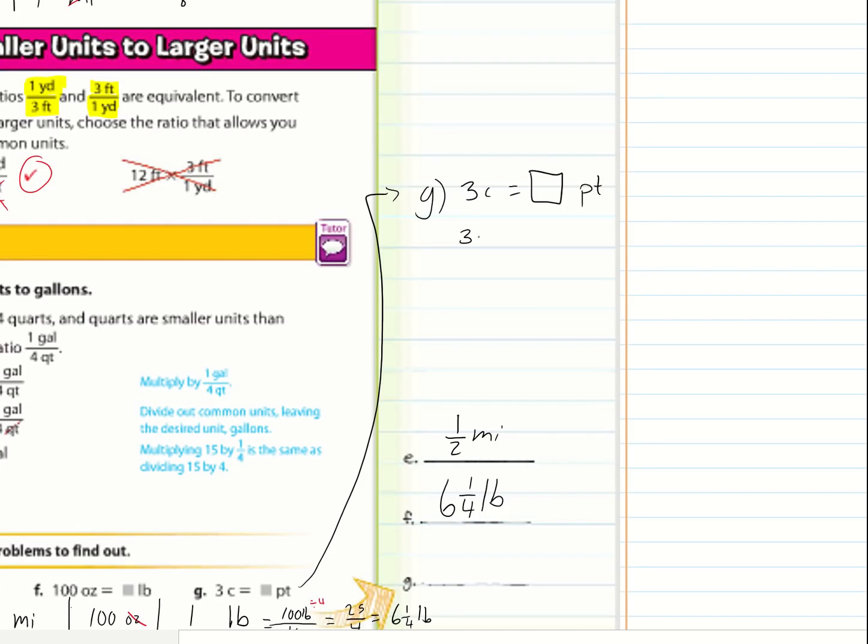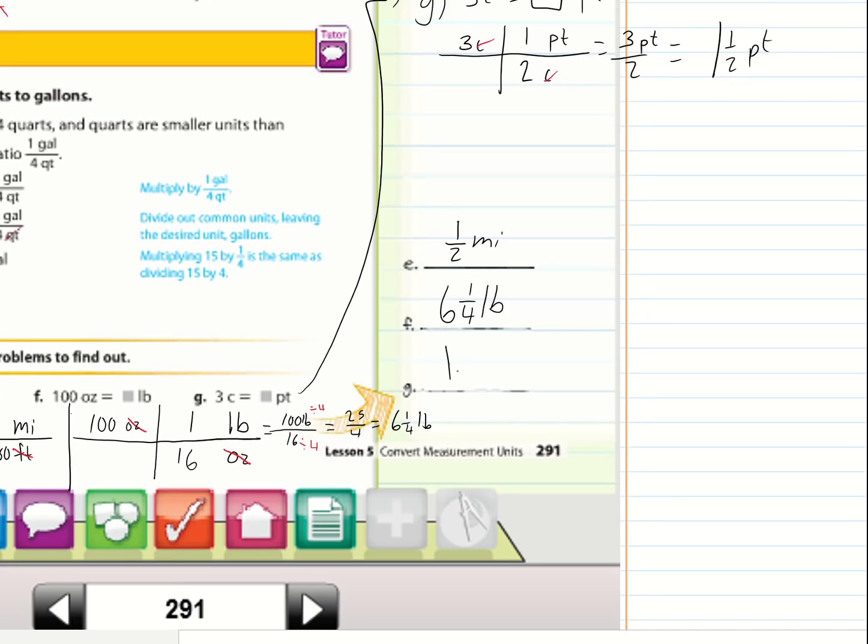So we have 3 cups, and then I need to have my 2 cups here and my 1 pint here. So my cups are going to cancel out. So I get 3 pints over 2, which equals 1.5 pints. So I just wanted to do one example with you guys.